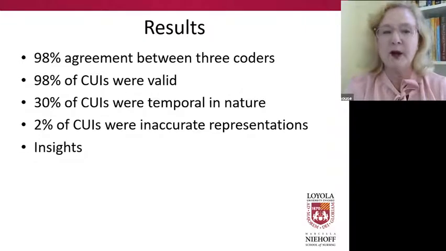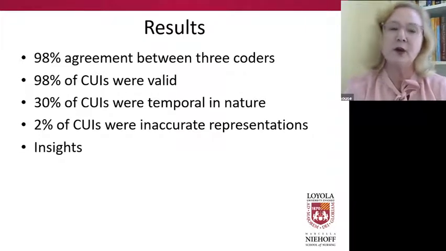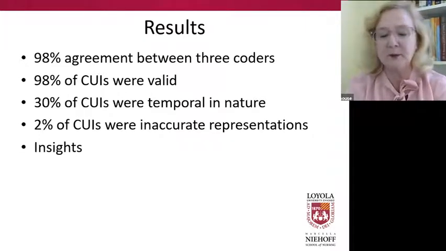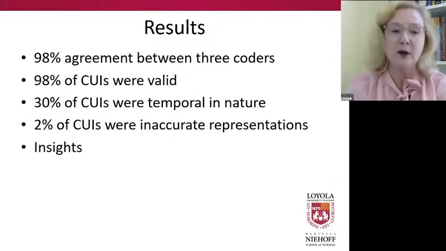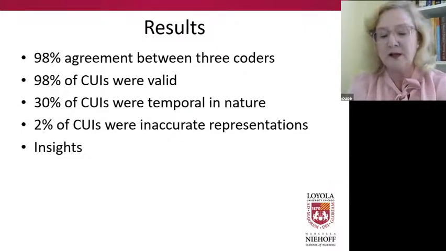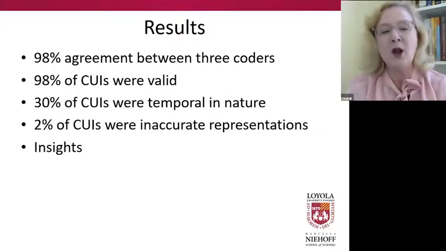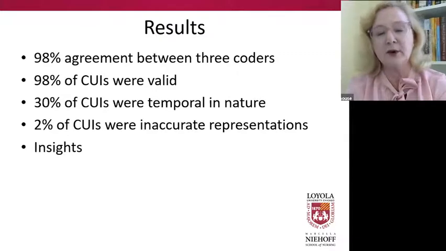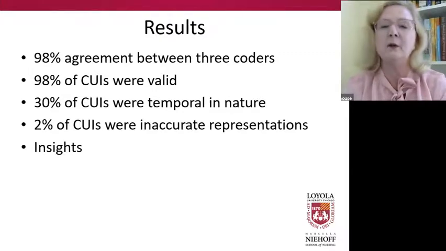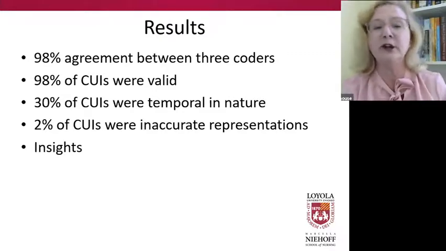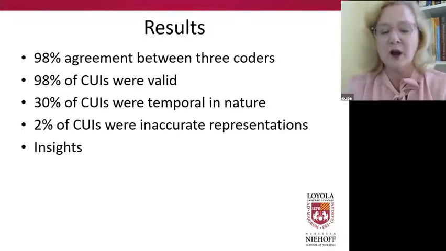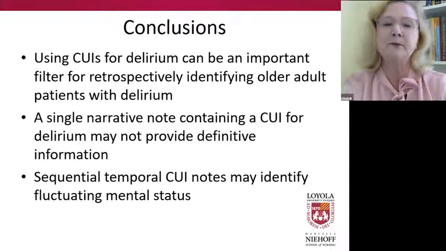Again, this is where we got that stabilized confusion without defining the meaning of stabilized. Did that mean they were no longer confused? Did it mean that now they were lethargic? So rather than negating that concept unique identifier, we interpreted it as temporal in change, and it helped us identify that fluctuating nature of delirium.